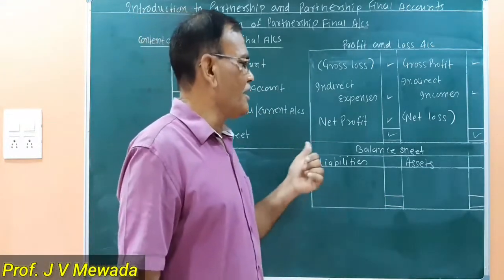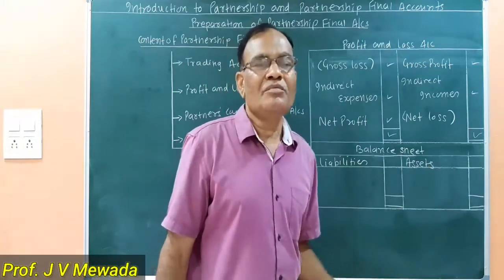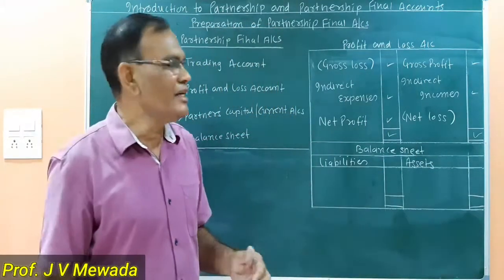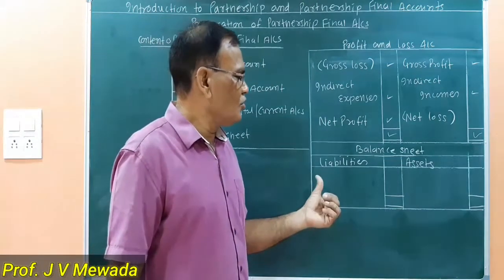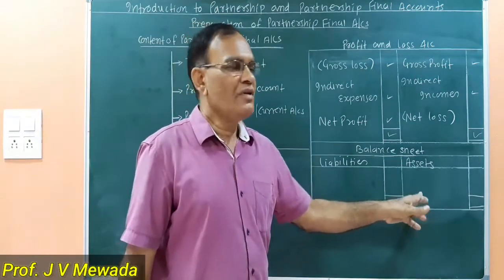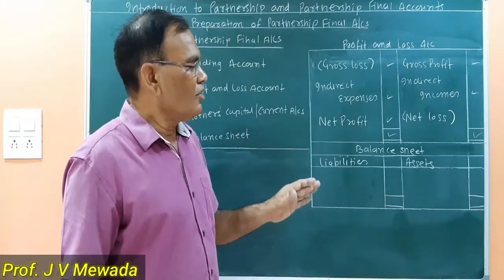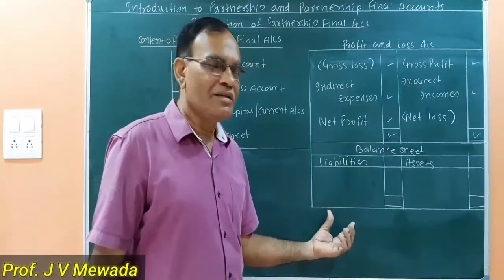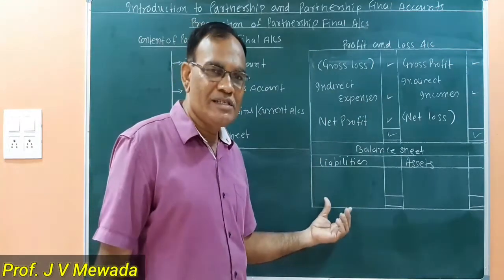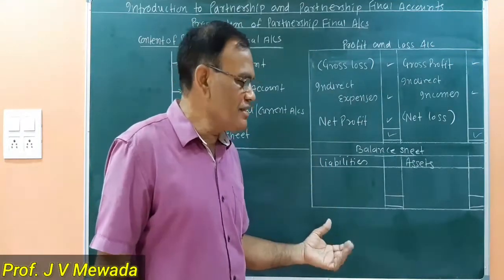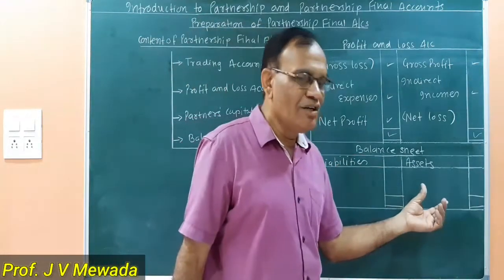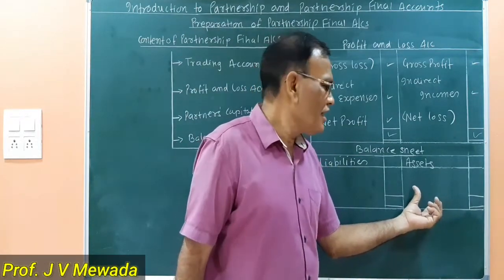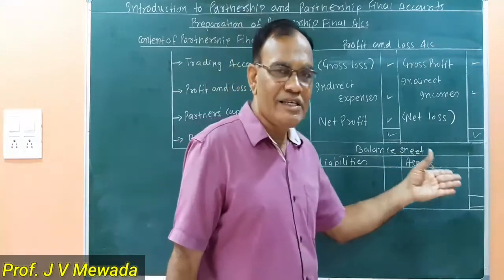Now, our next format is the balance sheet. A balance sheet is a statement, it is not an account, and that is why we are not writing "to" and "by". On the left hand side, all the balances appearing are credit balances, they are the liabilities of the business, and on the right hand side, whatever balances are appearing are the debit balances and they are the assets of the business.